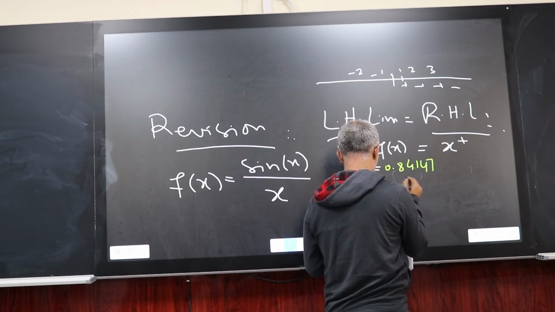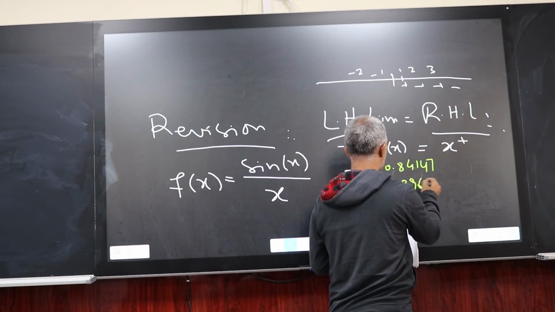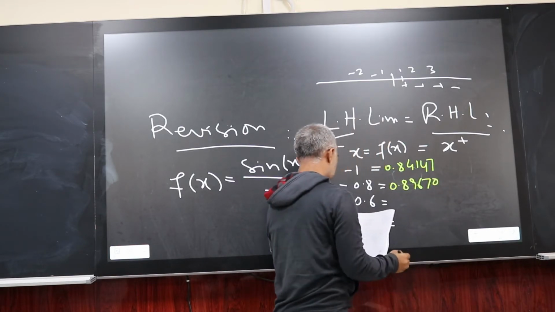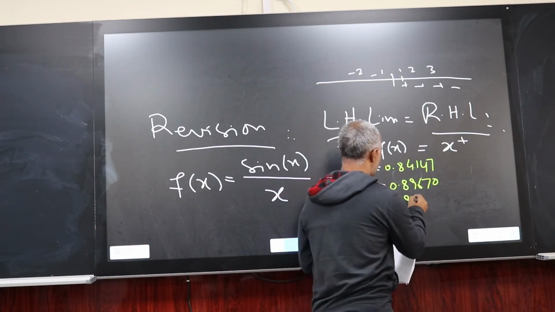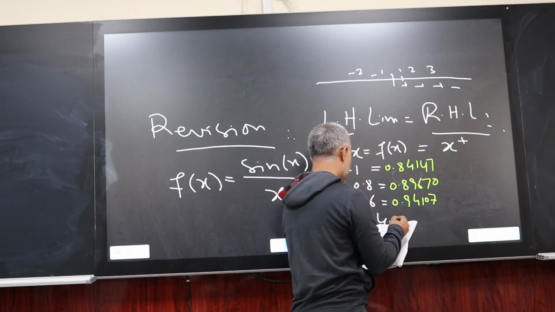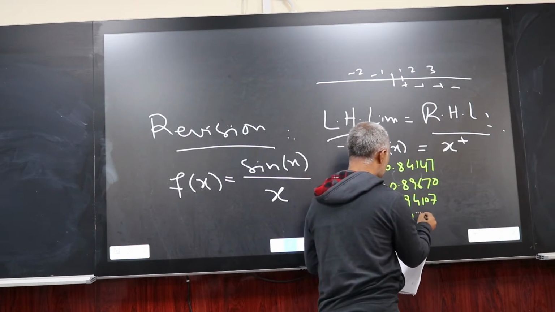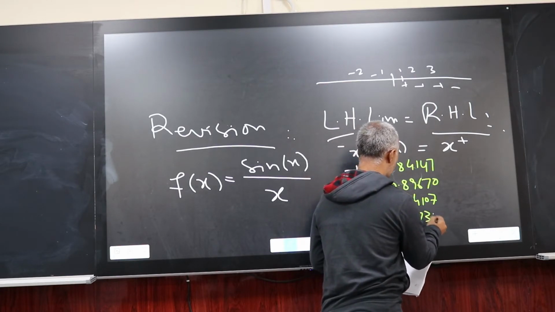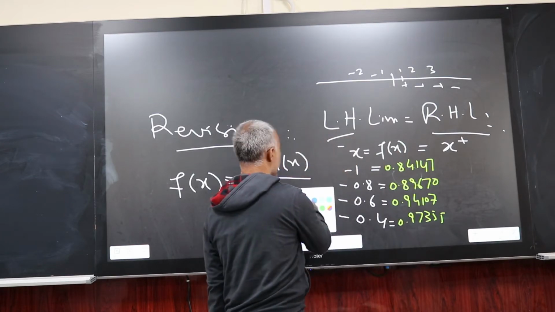Similarly, you will get 0.89670. You may get 0.94107. So you may get 0.97355.